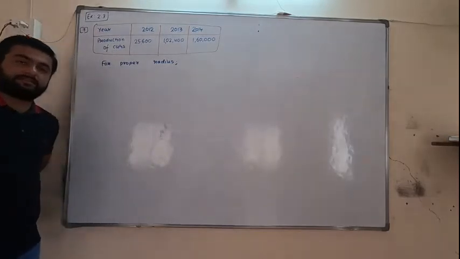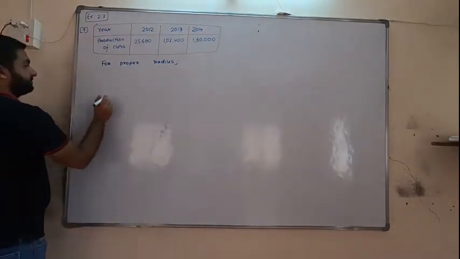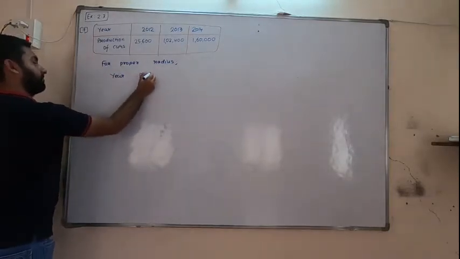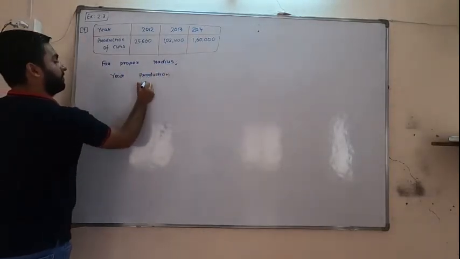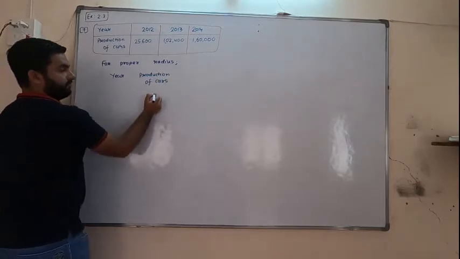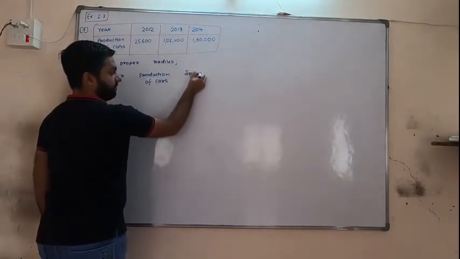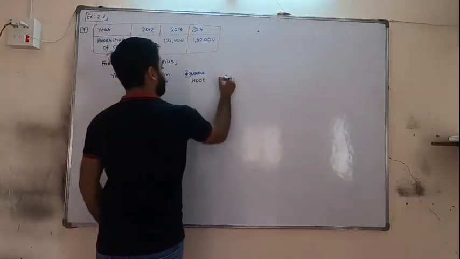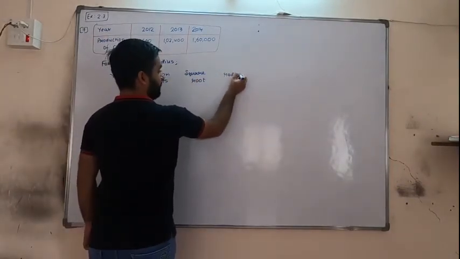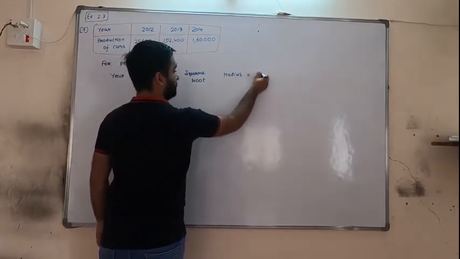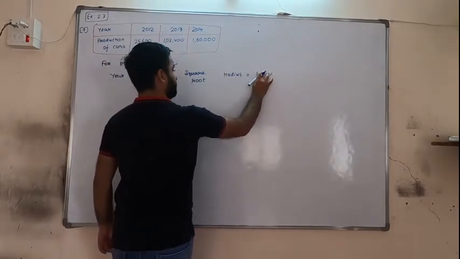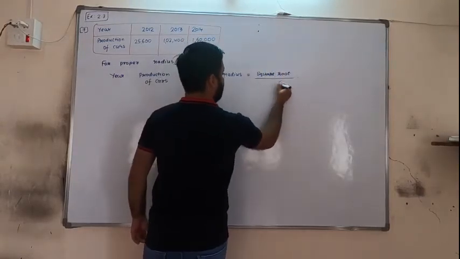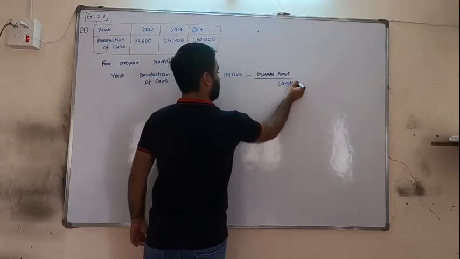To get a proper radius, we need some calculation. Here, production of cars, square root, then the radius is equal to square root divided by constant.